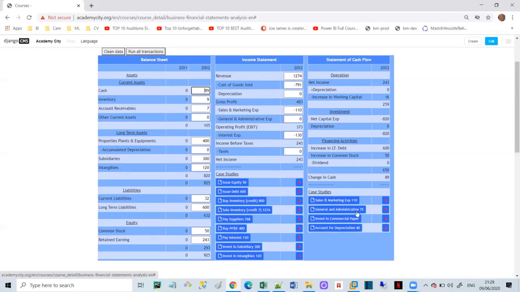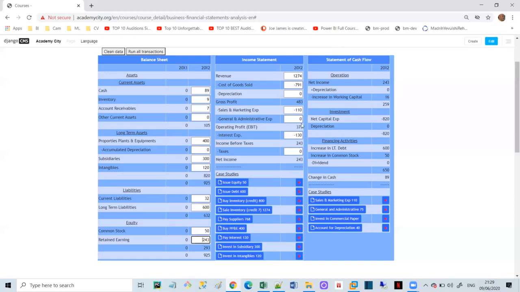So this transaction of sales and marketing expense of 110 reduced our cash, and in the way of reducing our profit. And reducing our profit, in other words, reduced the equity. So reduction in cash, reduction in equity. Is there any effect on the statement of cash flow? Definitely. We always know that it starts with the net income.